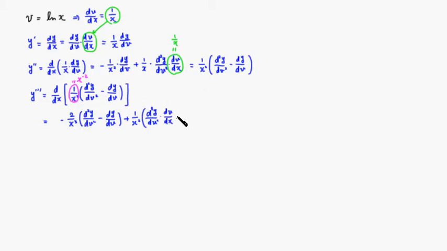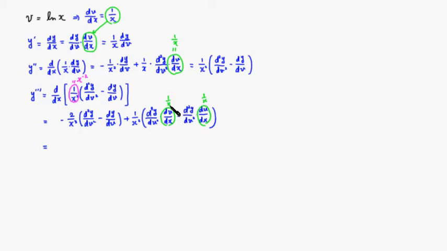And a minus, the derivative of this guy would be the second derivative of y with respect to v, multiplied by dv over dx. Again, you have 1 over x here and 1 over x there, so this will give us a whole bunch of 1 over x cubed.